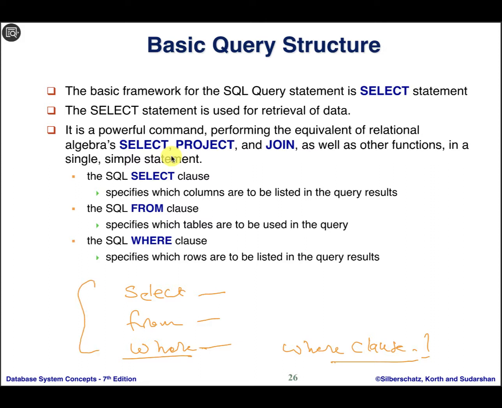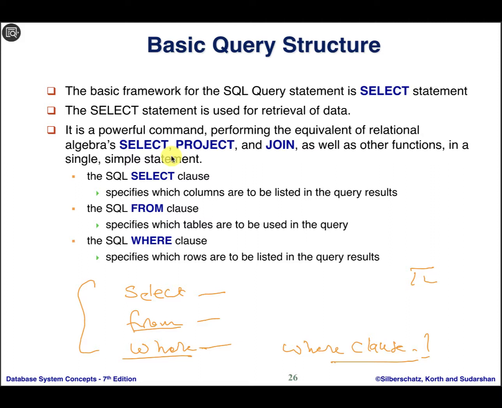Select, from, where. What's select? Select looks like I'm talking about the projection in relational algebra. Here we specify the list of attributes that will be part of the result. Select all of them, or select ID, name, or whatever. From looks like you're going to perform a join in relational algebra.